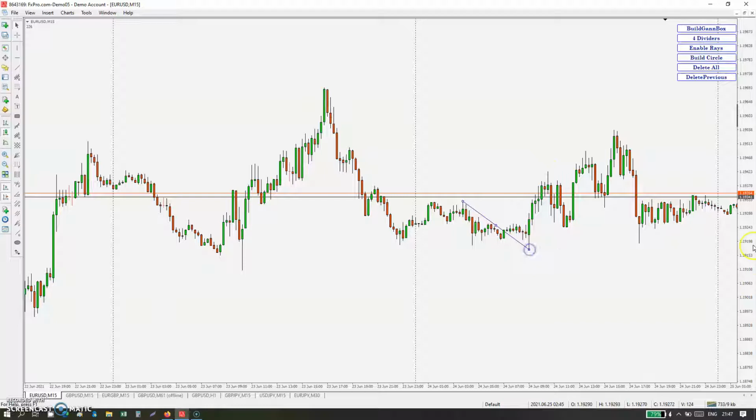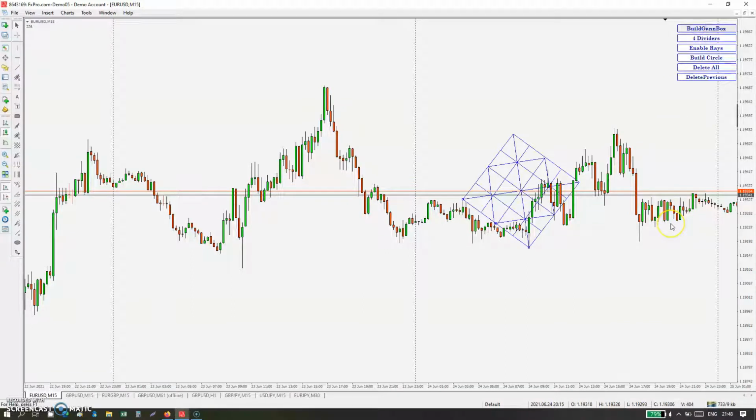Lots of people try 2, 3 or 4 candles, but not less than 5 candles. So at that time you can draw like that.